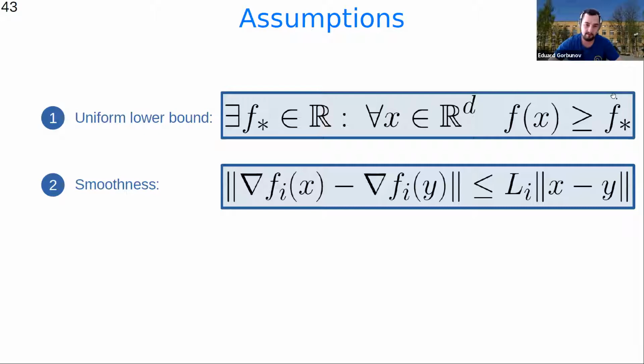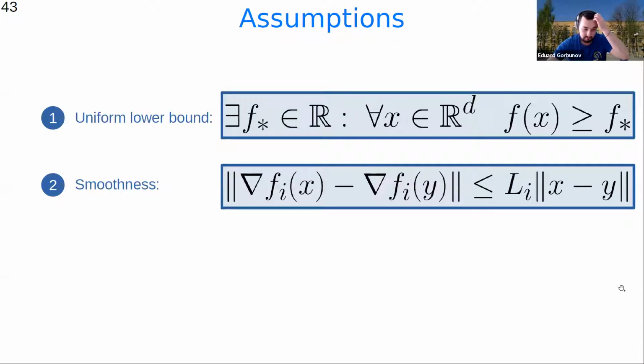You mean functions that are important in practice? It just means that this assumption is not very restrictive. Linear functions are not lower bounded. Yes, they are not lower bounded, but we consider unconstrained minimization problems, so it's not an interesting case when the function is linear for unconstrained minimization.